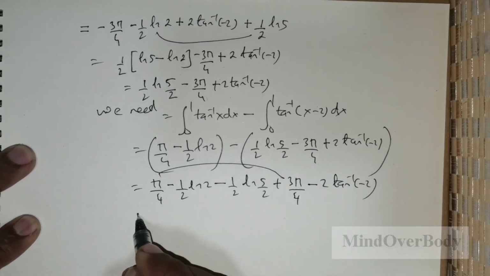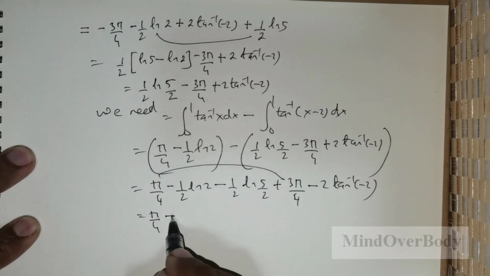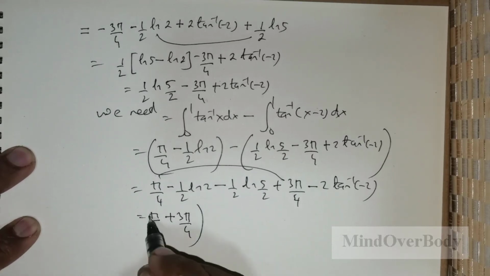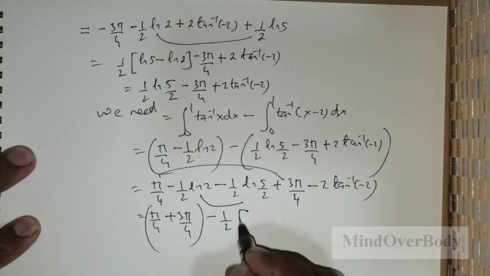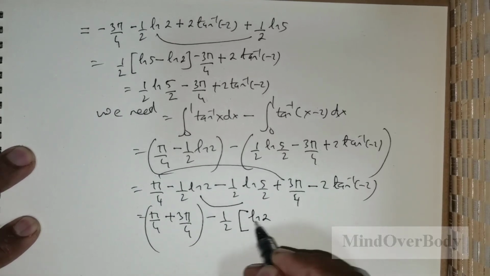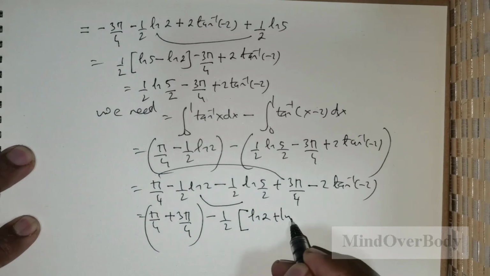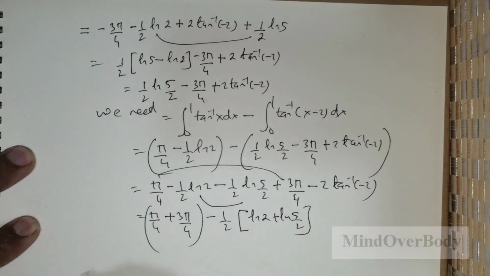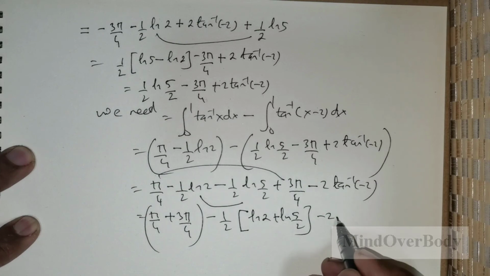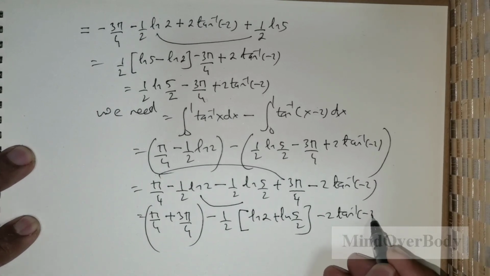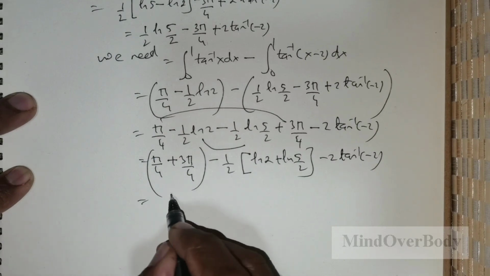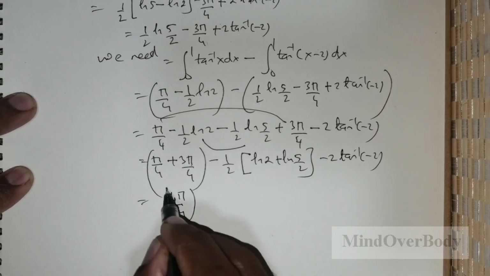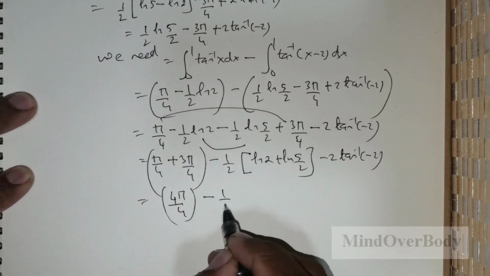I can add these two together, pi over 4 added with 3 pi over 4, and then I can add these two together, take negative 1 over 2 out, that would give you ln 2 plus ln 5 over 2, and then follow it up with minus 2 times tan inverse of negative 2. Now these two can be added together, that would give you 4 pi over 4 and minus 1 over 2.